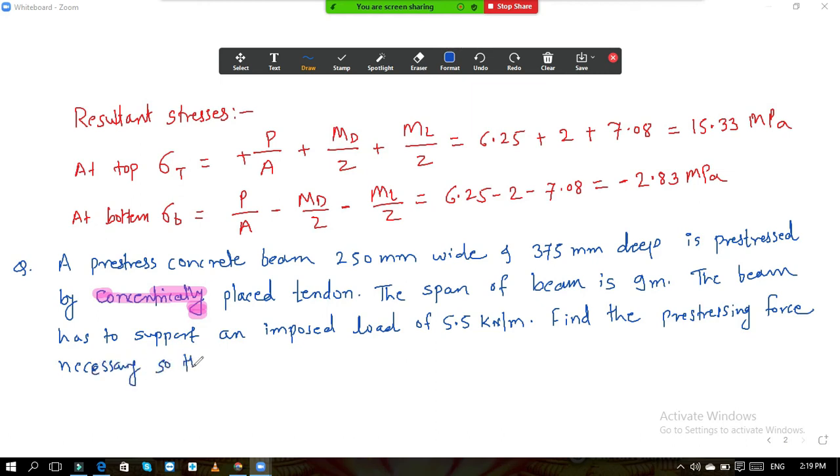so that the tension is just avoided at the soffit of midspan.